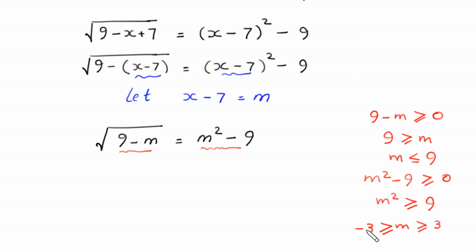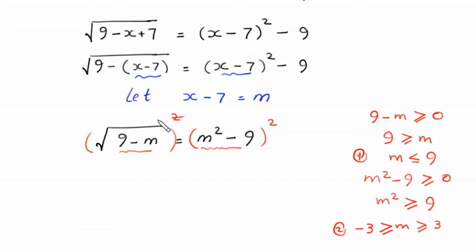So we have two conditions to check the solutions of this equation. Condition 1 is m must be less than or equal to 9, and second is m must be greater than or equal to 3 and m must be less than or equal to negative 3. Now let's continue by squaring both sides of this equation.